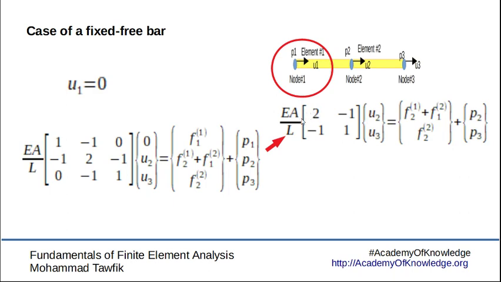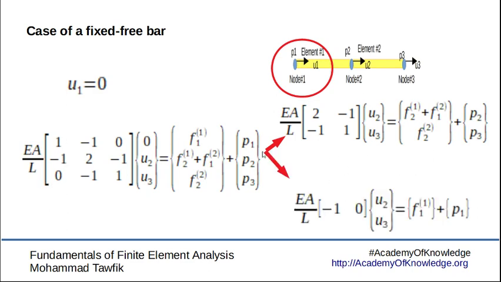Remember, there is a column here coming from those two numbers. This column is useless because it's going to be multiplied by 0 anyway, so we ignore it. The other equation comes from the first row: minus 1 times u2 and 0 times u3 equals f1 and p1.